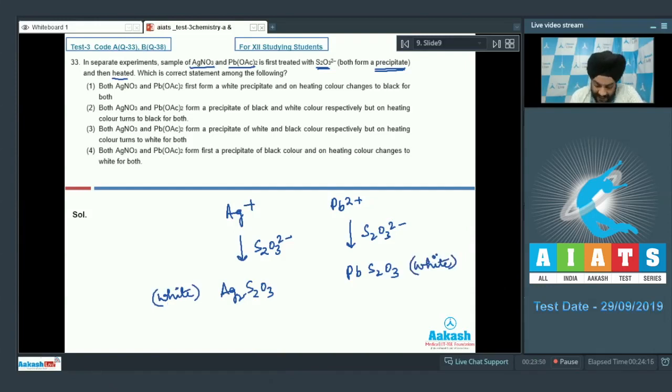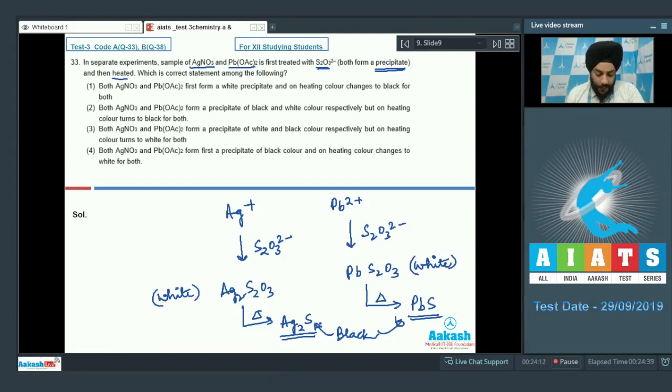Okay. So when they are heated, it decomposes to give us Ag2S, whereas the lead thiosulfate decomposes to give us lead sulfide. Okay. So we have lead sulfide and silver sulfide. Both of these are black in color.